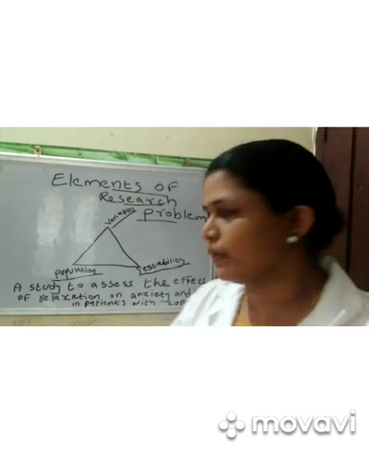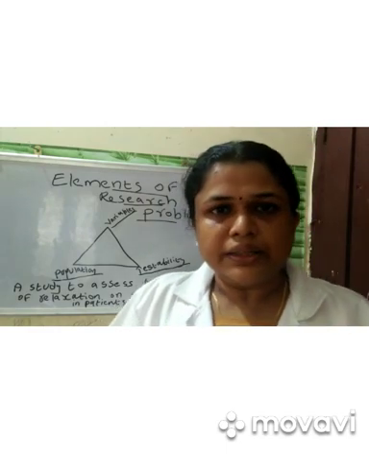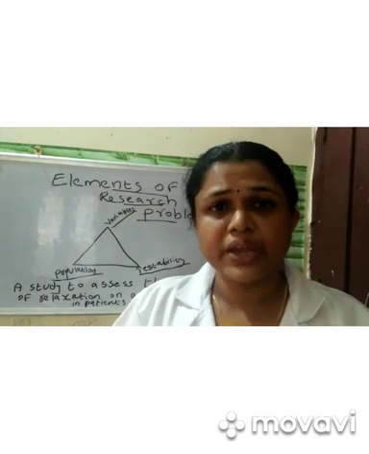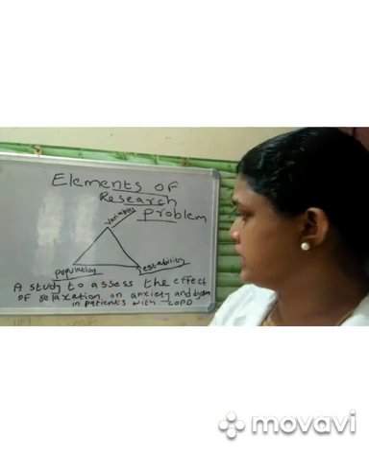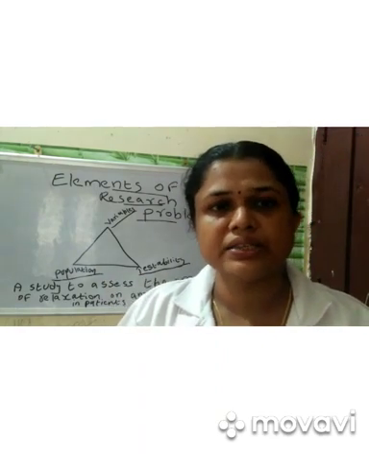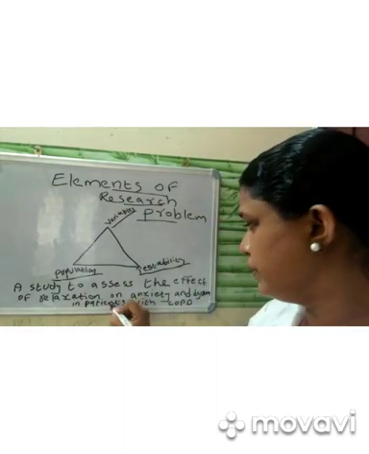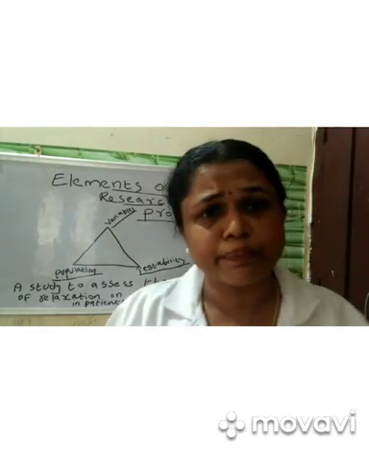In this research problem, the variables are anxiety and dyspnea. These are the factors that vary. And population is the group on which we are conducting the research study. In this problem, the population is patients with COPD.